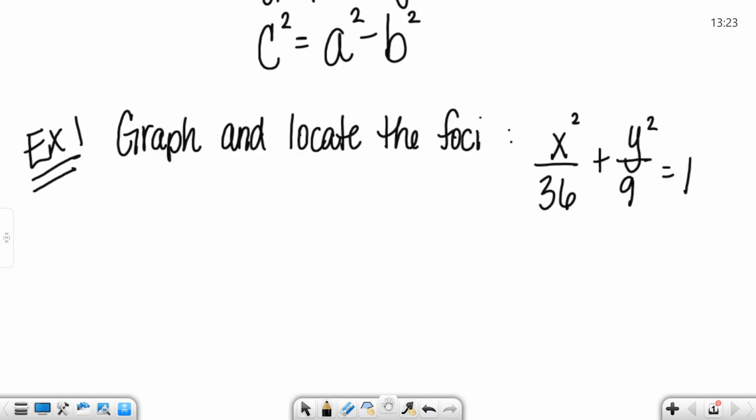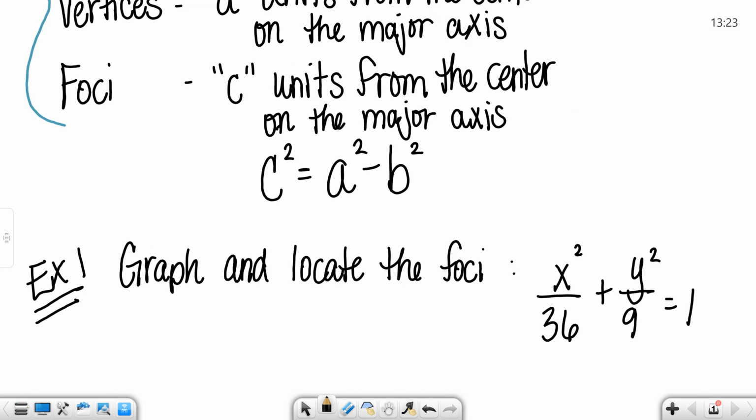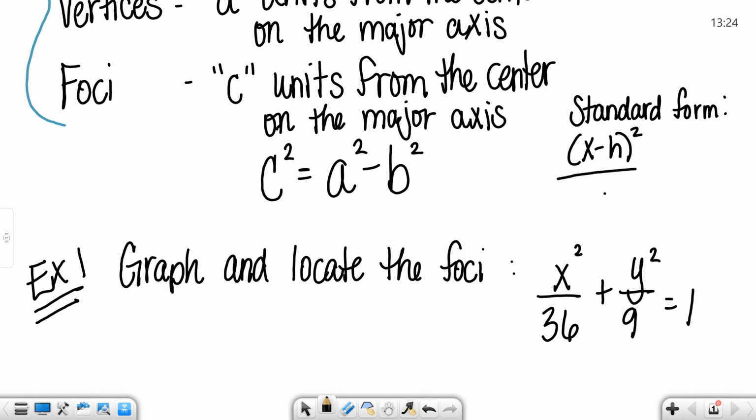It's going to be super helpful if I go back up here and write for you the equation of an ellipse. So I brought it back down just a little bit. Our equation for an ellipse, the standard form, is (x minus h) squared over a squared plus (y minus k) squared over b squared equals 1.